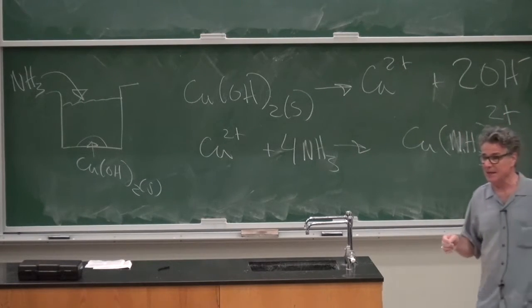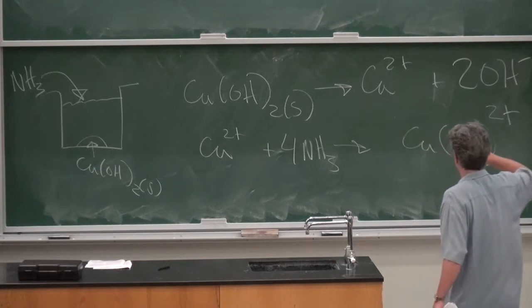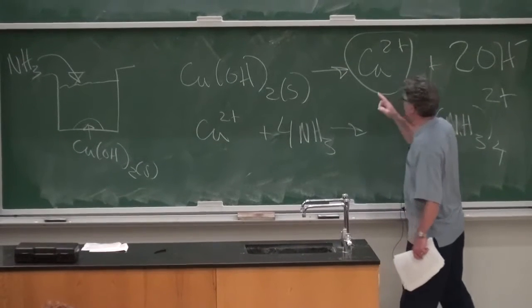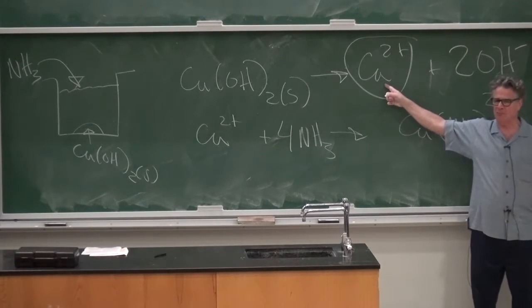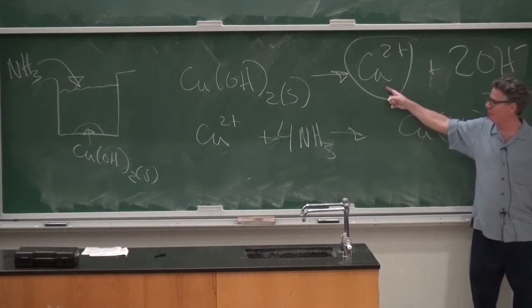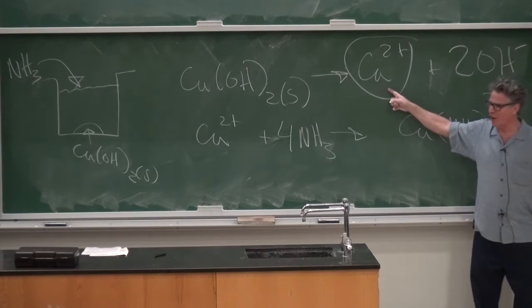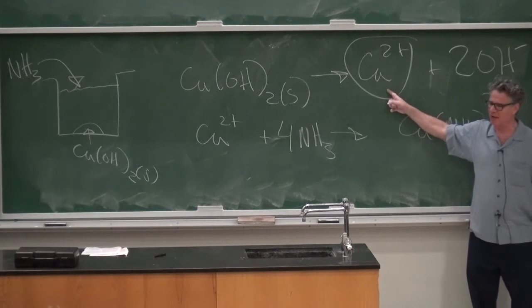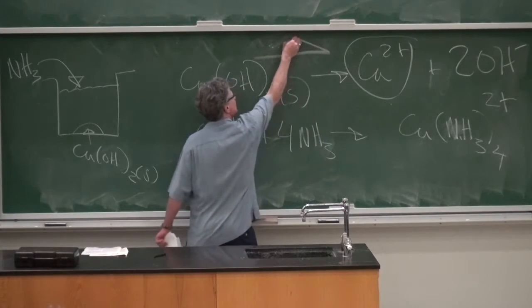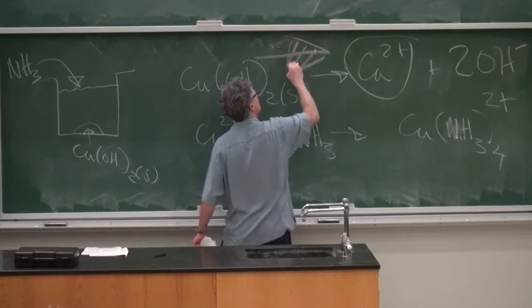Le Chatelier says, if you remove the product of a reaction, there's the first reaction. The product of that first reaction is copper 2 plus in solution. If you remove that product, you're now stressing the reaction, and the position of equilibrium will shift to the right.